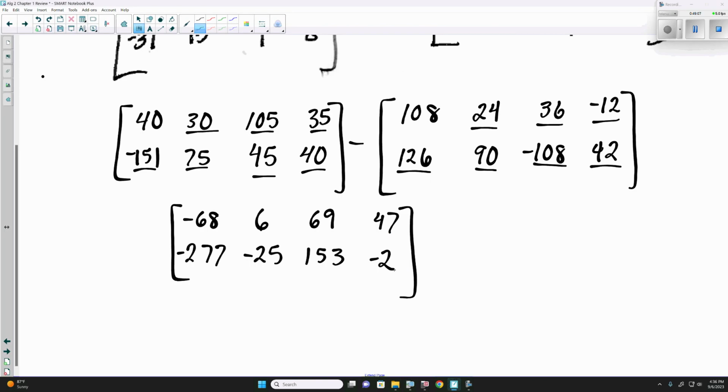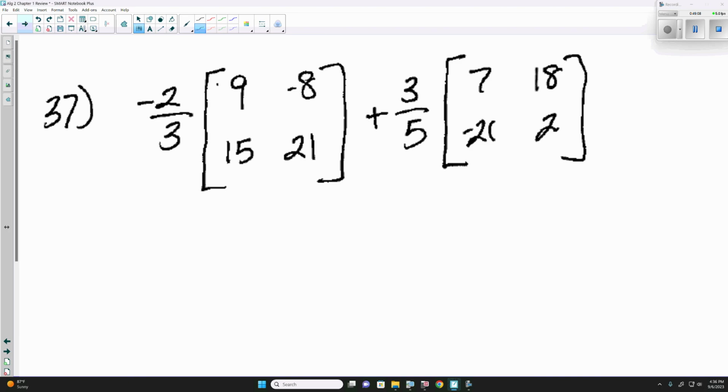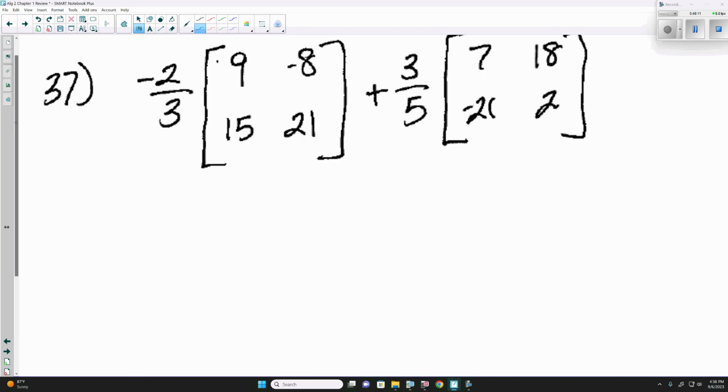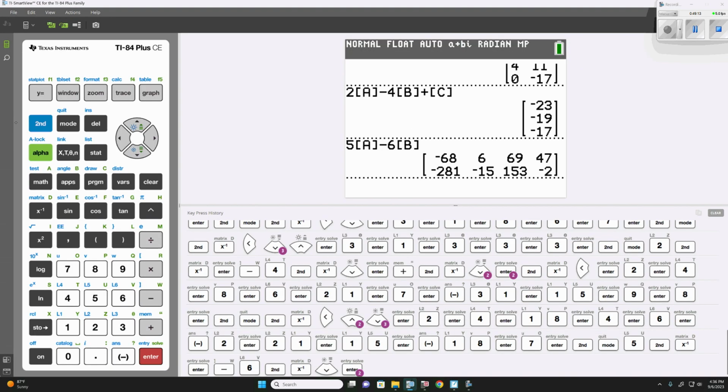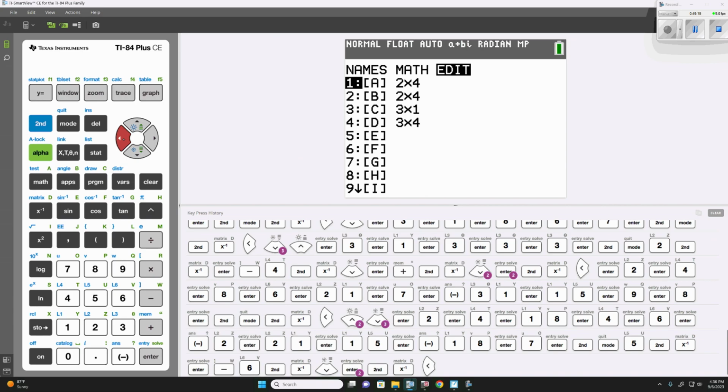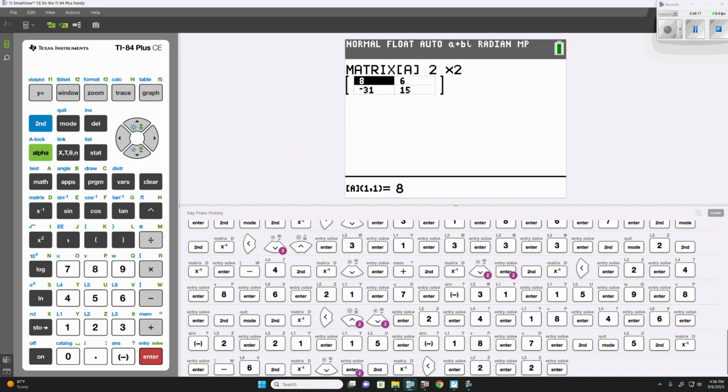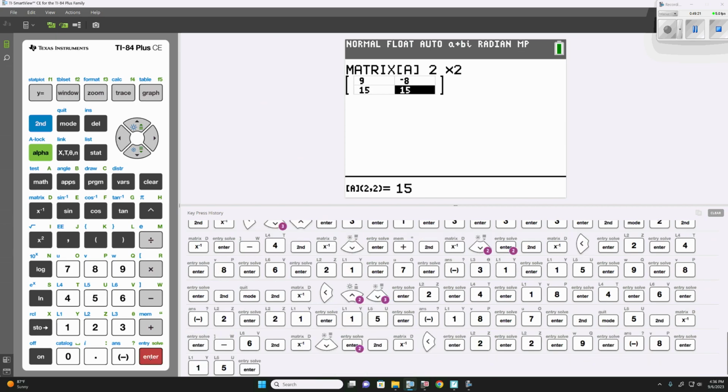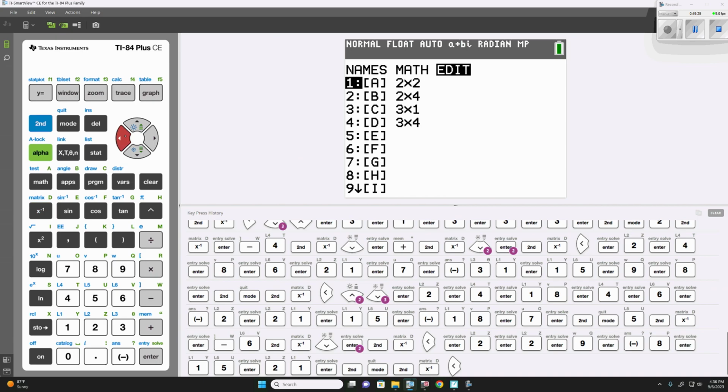And lastly, we have this here. And again, if you want to have a feeling that's going to be the case, we can plug them into the calculator. Now the first one's a 2 by 2, 9, negative 8, 15, 21. Second quit, second matrix.